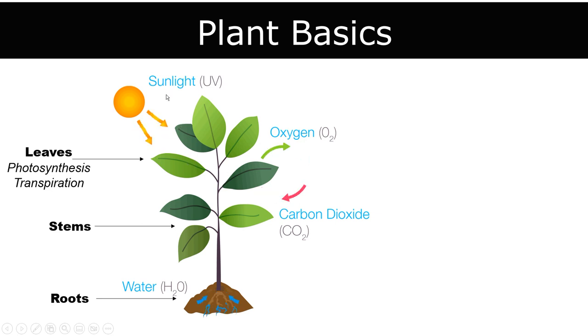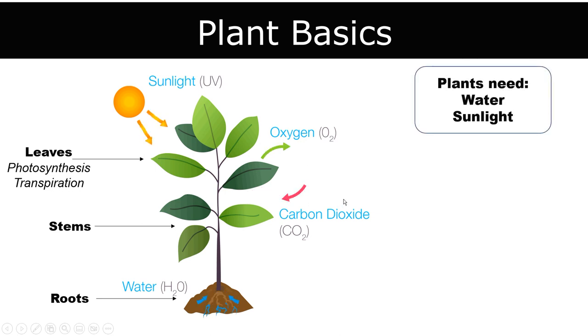You also know that plants need sunlight to do photosynthesis and that they need water in order to survive. And that photosynthesis is occurring in the chlorophyll in the leaves in order to produce a sugar like glucose. And so we know what plants need. And so what we're going to focus on first is how they move these different materials around.